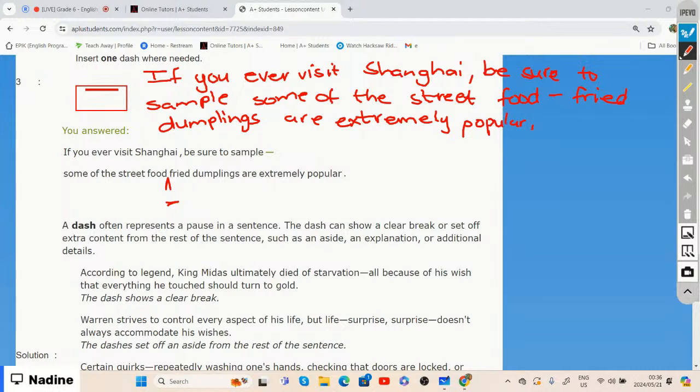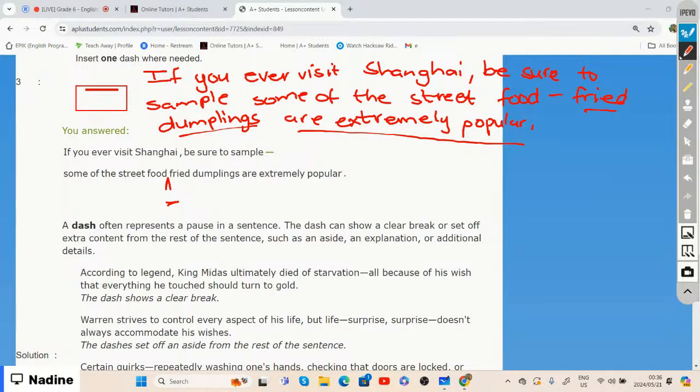Right? So if we look at the sentence, it says, if you ever visit Shanghai, be sure to sample some of the street food, right? But now additional information is given to us. What type of food? They're specifically telling us that fried dumplings are extremely popular.